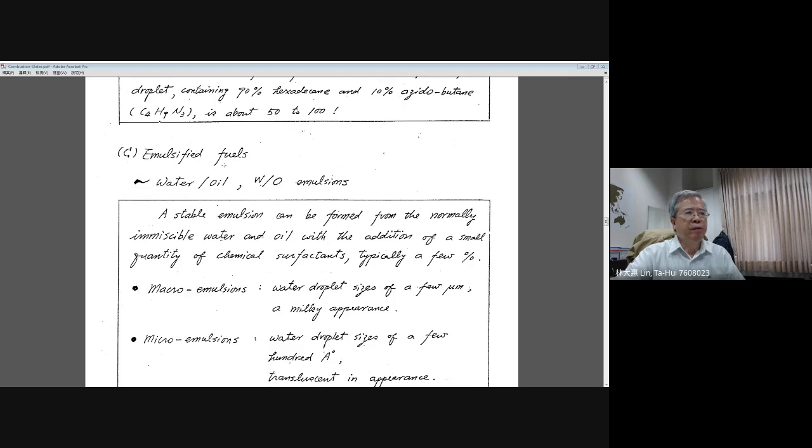The most important application for emulsified fuel is that we try to use water to mix with oil. Why do we choose water mixed with oil? There are two reasons. One reason is that when you have water mixed with a fuel, water usually does not contribute any heat release in the combustion, right?